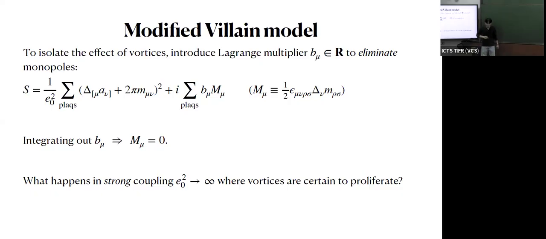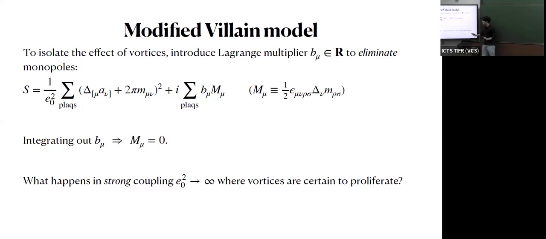You have a real valued Lagrange multiplier. You introduce this term such that integrating out the Lagrange multiplier field B leads to the constraint that the magnetic current exactly vanishes. So this modified theory is a theory in which all monopoles are utterly eliminated, leaving only center vortices.